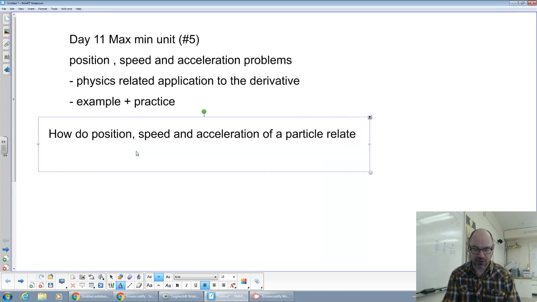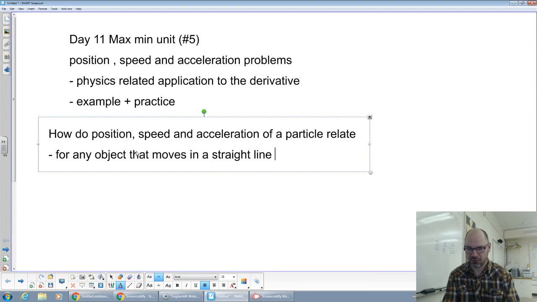And the first thing is, for any object that moves in a straight line, okay, with a constant acceleration, obviously, or as in physics we call it uniform acceleration.